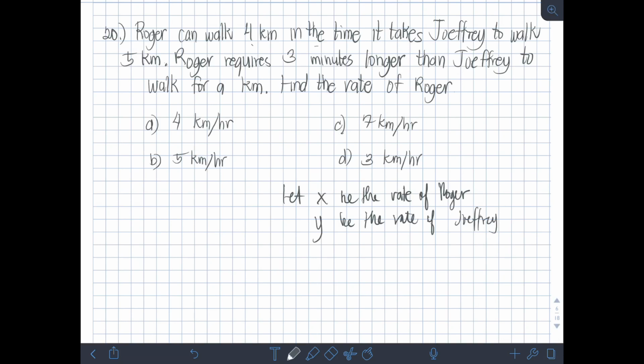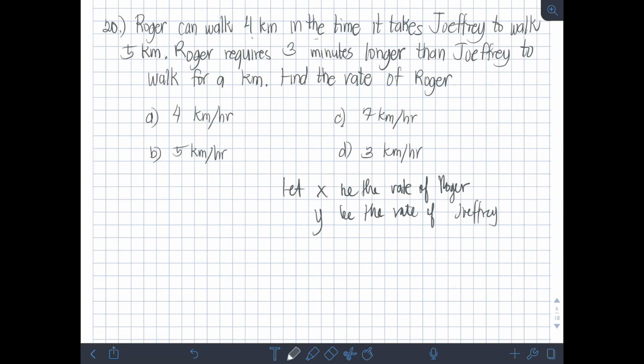Okay, sabi dun sa first statement, Roger can walk 4 kilometers in the time it takes Geoffrey to walk 5 kilometers. So, yung tinravel daw ni Roger na 4 kilometer ay magkapareho lang ng time sa pag-travel ni Geoffrey ng 5 kilometers. So, suppose yung formula natin ay rate times time is equal to d, right?